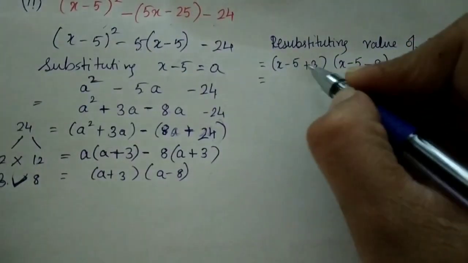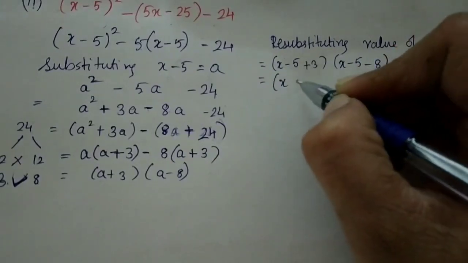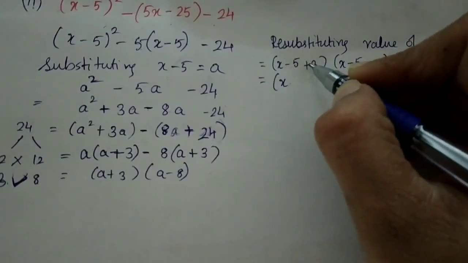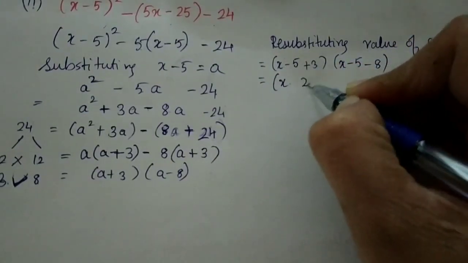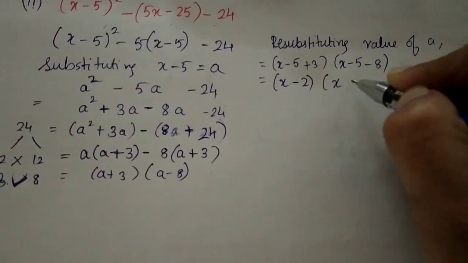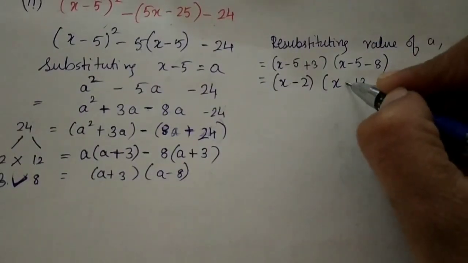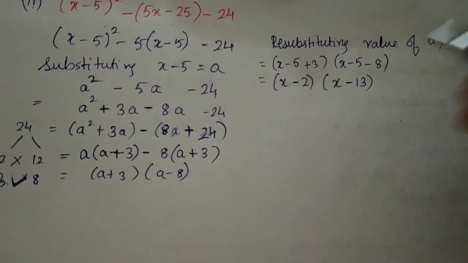You don't have to solve this in form of equation. It's very easy. X minus into plus is minus, 5 minus 3 is 2, and sign of a bigger number, so x minus 2. Similarly here x minus into minus is plus, so 5 plus 8 is 13, and sign of a bigger number. Okay, so this is your answer.